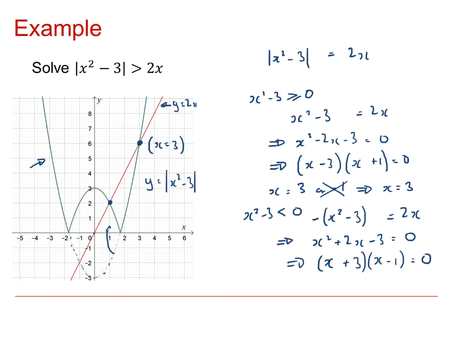And therefore x would be equal to negative 3 or 1. But again, we want x squared minus 3 this time to be less than 0, so we can discount the value of negative 3, meaning that x is equal to 1. So this second point here is at x equals 1.